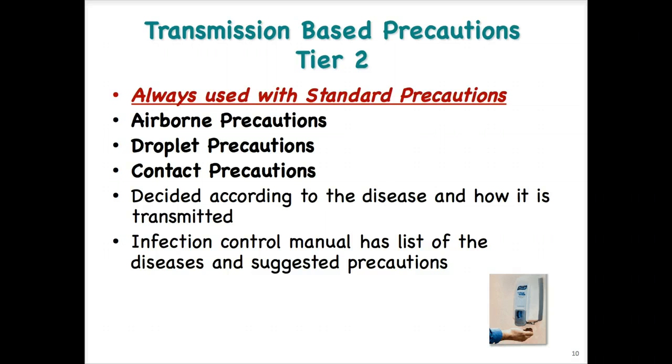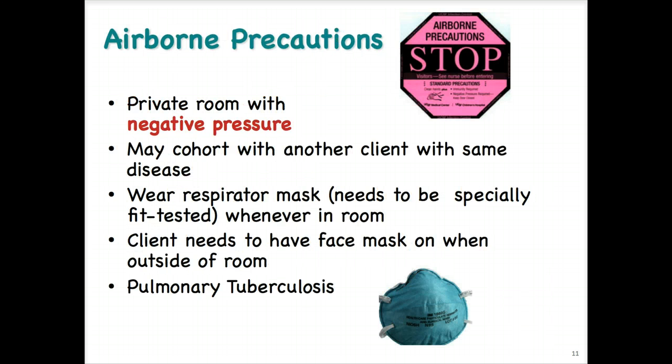The three additional levels of precaution that you might need to take are airborne, droplet, and contact. These are decided according to the disease and how it is transmitted. Your infection control manual will list the diseases and suggested precautions, and those manuals will be in your facility.